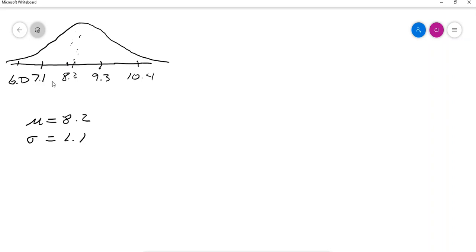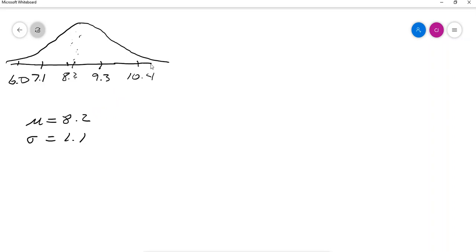So what we're saying is that almost all TVs last somewhere around 6 years to 10 years. So if you bought a TV with a mean of 8.2, you're thinking, it's supposed to last 8, I wonder if it'll last me like 15 years. And then you have this distribution.